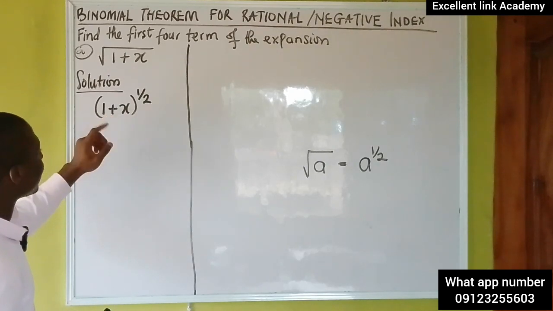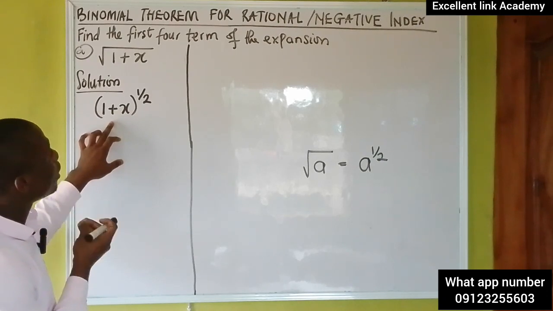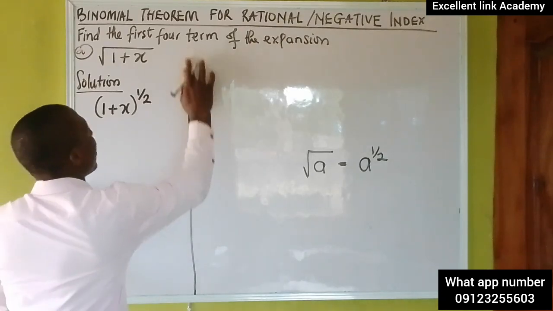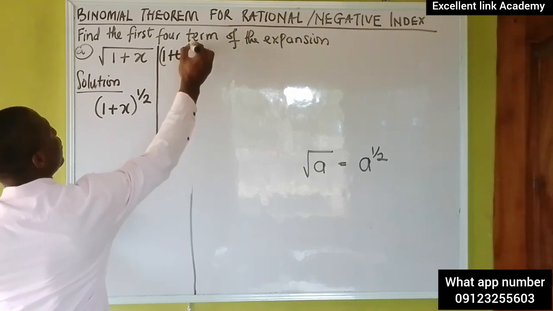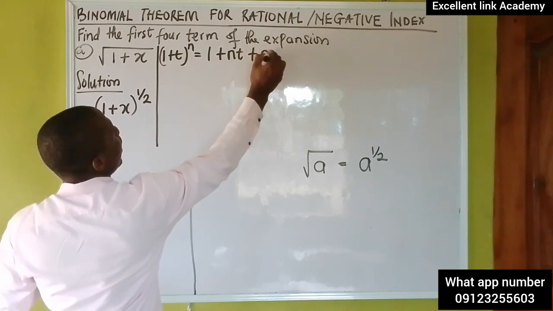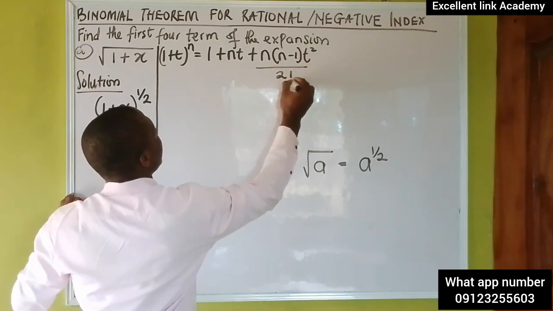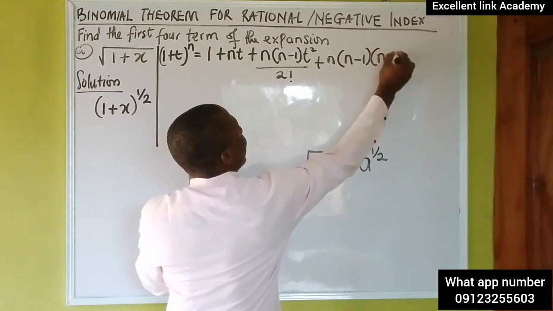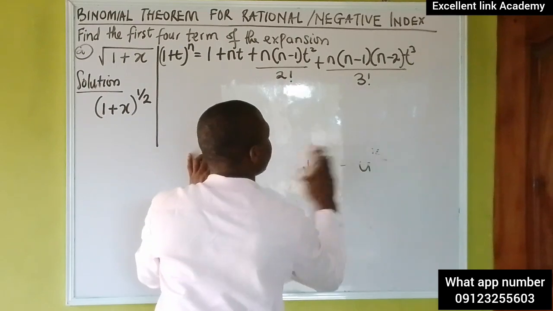So the idea is that I'll apply the formula for the binomial rational negative index that has a positive sign, which is given by 1 plus t to the power of n is equal to 1 plus nt plus n into n minus 1 t squared over 2 factorial plus n into n minus 1 into n minus 2 t cubed over 3 factorial.